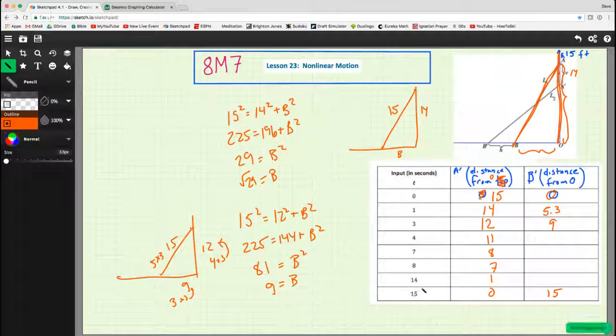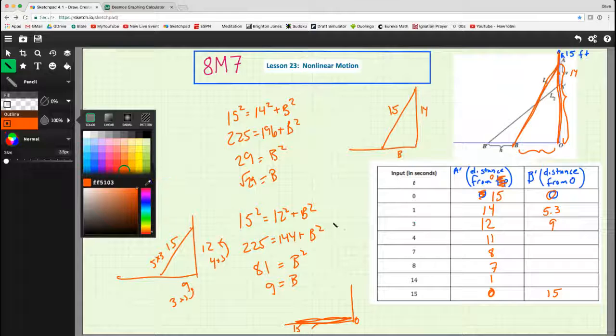So after 15 seconds, it will have moved 15 feet. And so this will be 0, it will be at the bottom. And the ladder will fall all the way to the bottom. And so the B distance should be 15, right? Because if the ladder's all the way at the bottom, it's fallen to the ground. This top is here at 0, and the bottom is here at 15. So I'll let you fill out the rest of this chart.